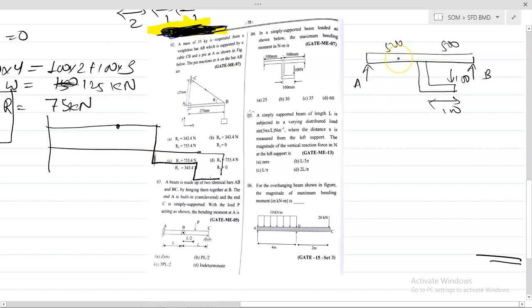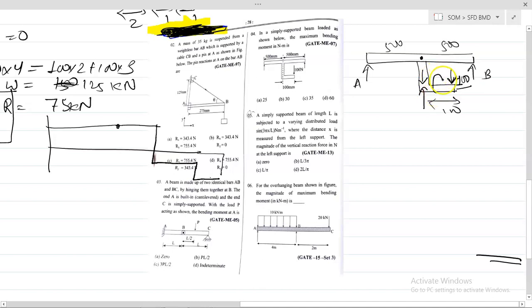So first of all you need to draw the bending moment diagram. Let's transpose this W load to this point and erase this part. Now W with 100 load in this direction and 100 in the other direction, and you know this is forming a couple.